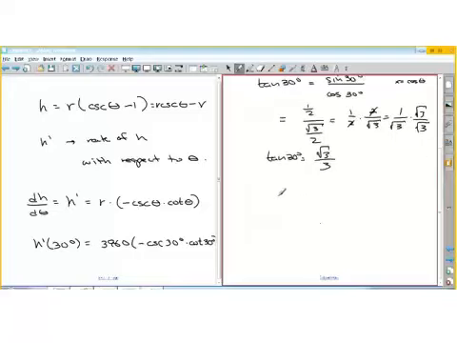You may remember, the sequence for sine is 0, 1/2, square root of 2 over 2, square root of 3 over 2, and 1. So that's the sine. Cosine is just the opposite. So we start here and go the opposite way. So if you know sine, you know cosine.